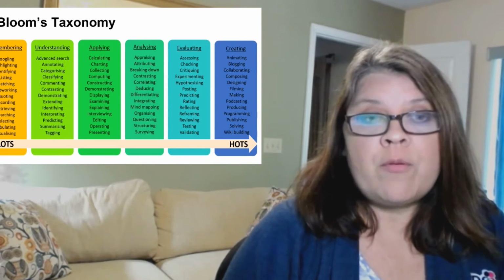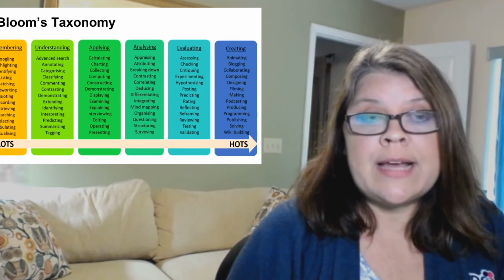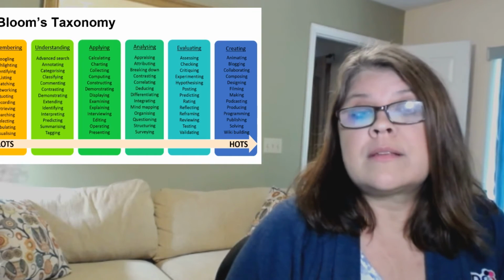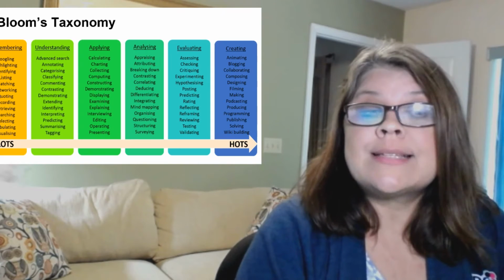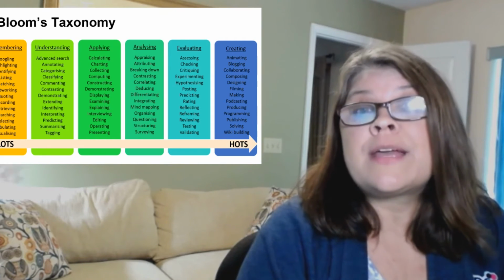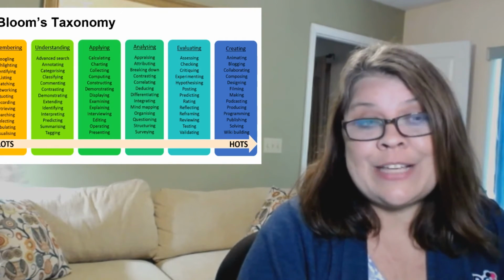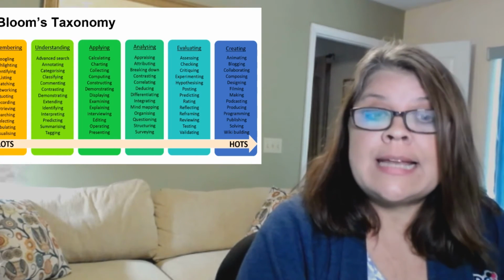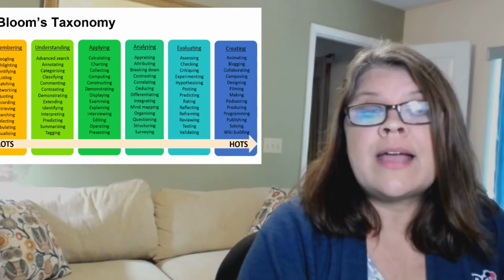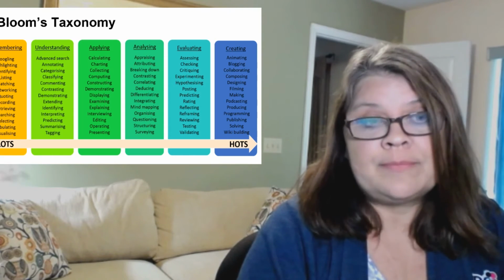Well, this is a great way for the teacher to understand what tasks they are able to accomplish. It breaks down their critical thinking skills into 6 stages of thinking: remembering, understanding, applying, analyzing, evaluating, and creating.